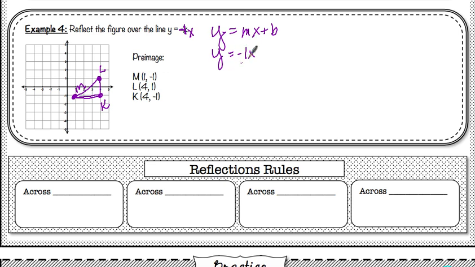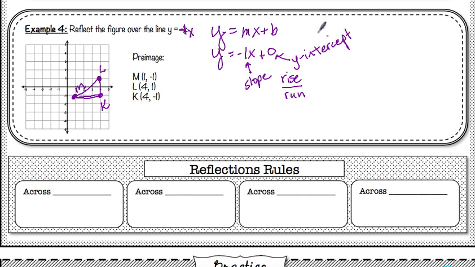There's a coefficient of negative 1 there. And if I wanted to add in what this b value is, it's 0 because there's nothing being added here. So that means the slope is this number here. Remember, slope was rise over run. And this is the y-intercept, 0.